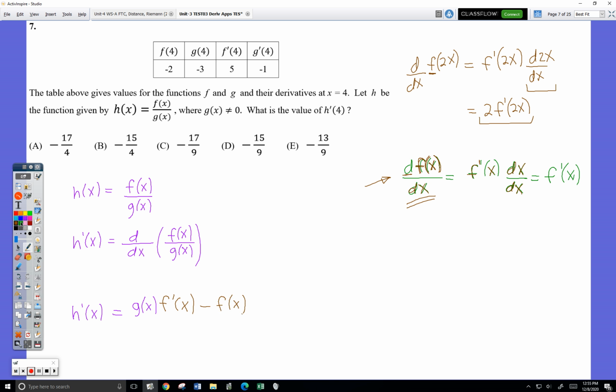Good. And then that part I'd like you to learn to do in your head. So the derivative of g of x, Jake, what's that going to be? Wouldn't it be g prime of x times dx over dx? Perfect. G prime of x multiplied by dx over dx.